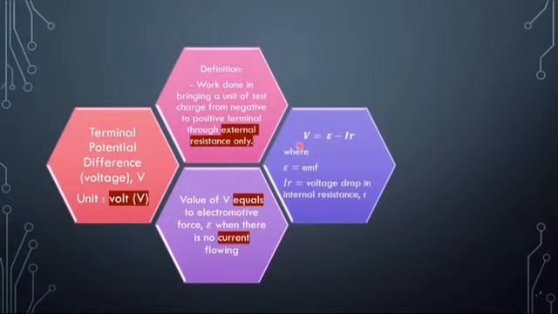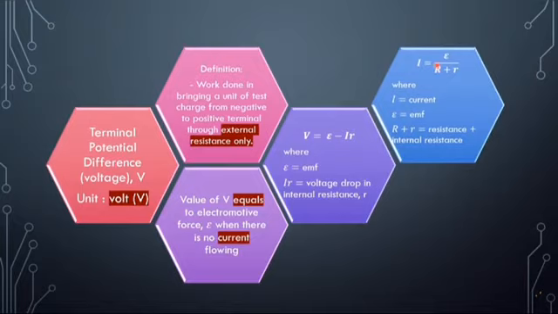How to calculate terminal voltage? Terminal voltage equals EMF minus current times internal resistance. Current times internal resistance is the voltage drop in internal resistance.